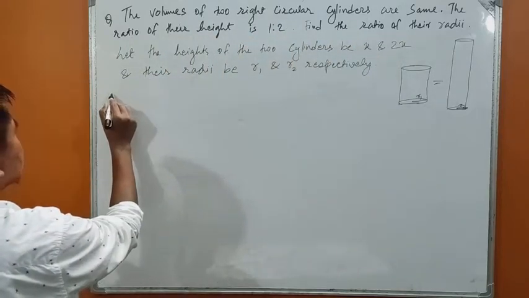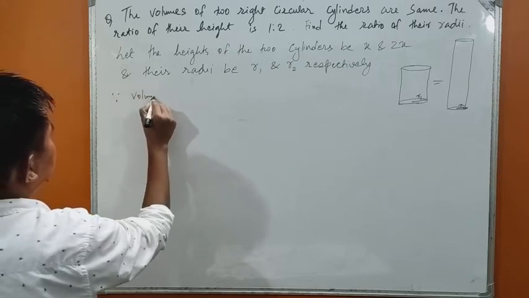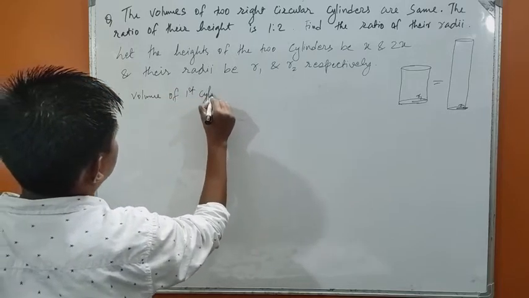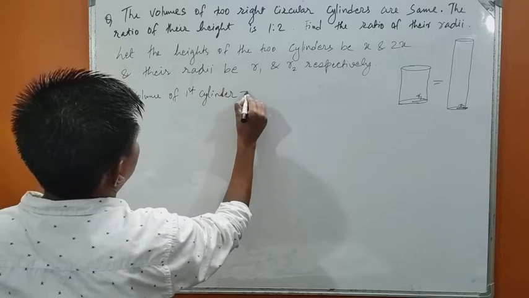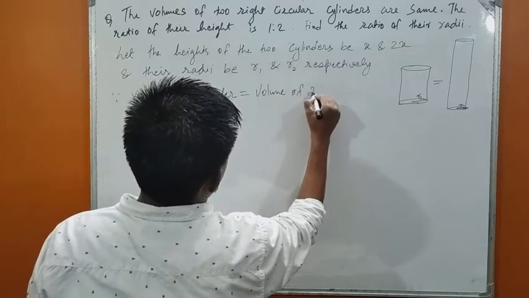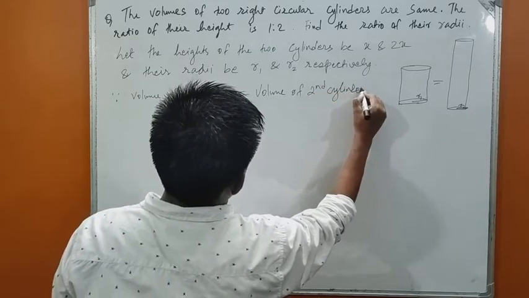That means the volume of the first cylinder equals the volume of the second cylinder. Are you getting me?